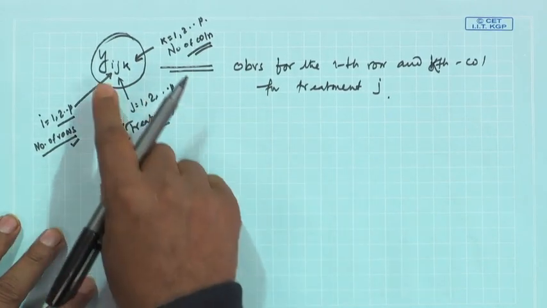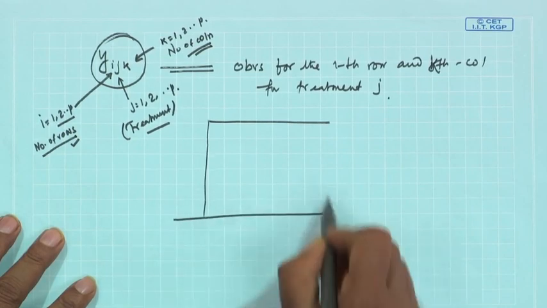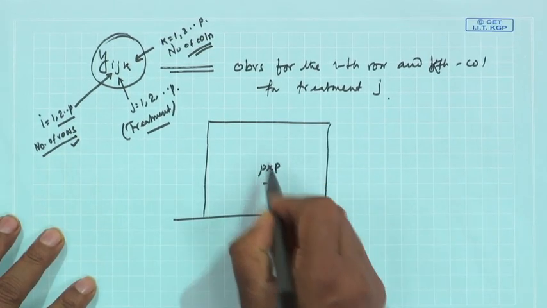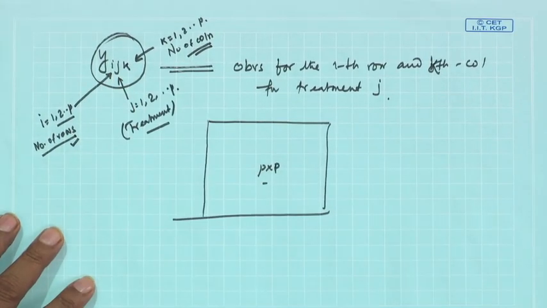You have three directions, but in the data set you have only p cross p, and this number of data is able to serve our purpose. So, what will be our model then?